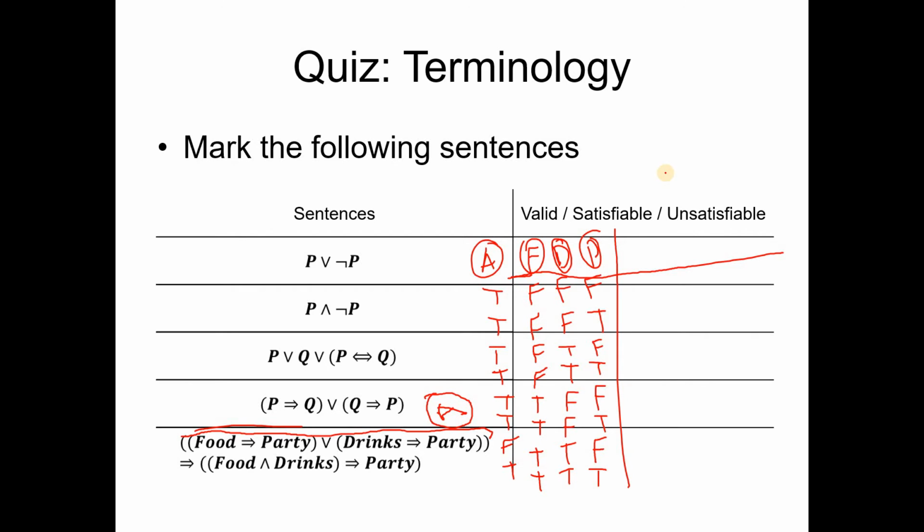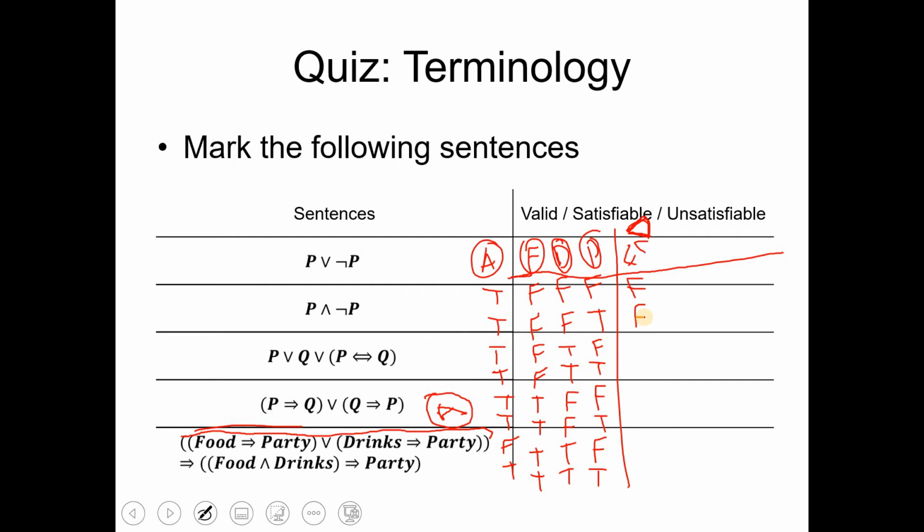So here the one is food and drinks, just an AND operator. So your logic design concept should be clear if you want to excel in this part of the course. So here it will be false, false.